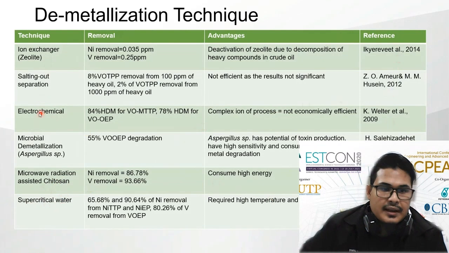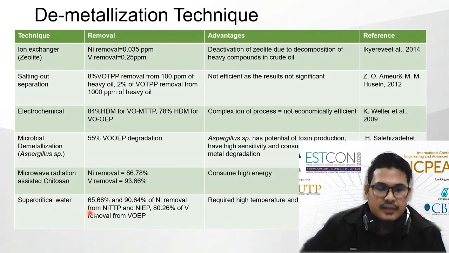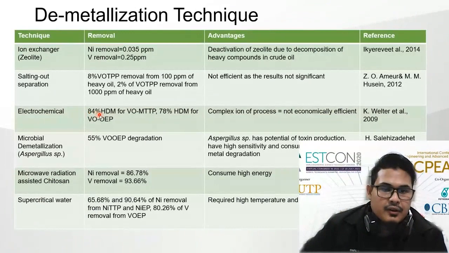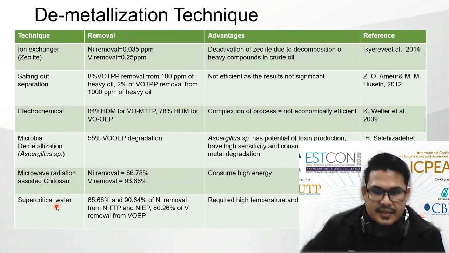Although electrochemical treatment, microwave radiation treatment, and supercritical water treatment have shown great results in removal efficiency, more than 85% for nickel using microwave, and for nickel etioporphyrin, which is our compound of interest, about 90.64% using supercritical water, they use high energy for generation of microwave radiation, and also temperature and pressure for supercritical water. So this opens up new possibilities of using chemical treatment inside our process.